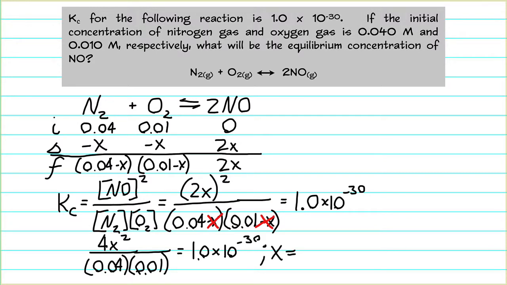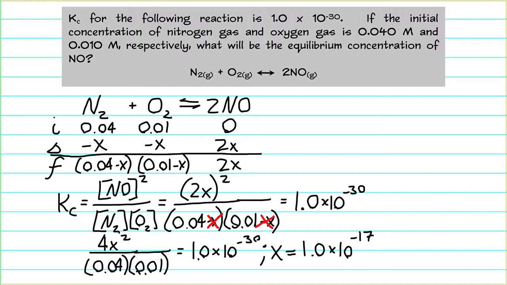And by my calculation, I get that x is going to be equal to 1.0 × 10^−17.